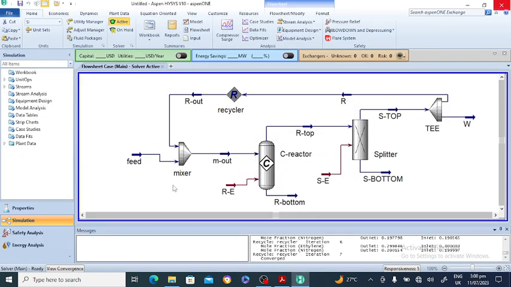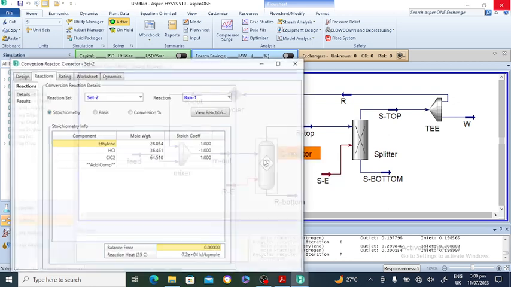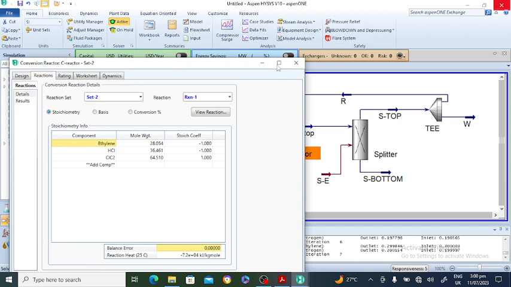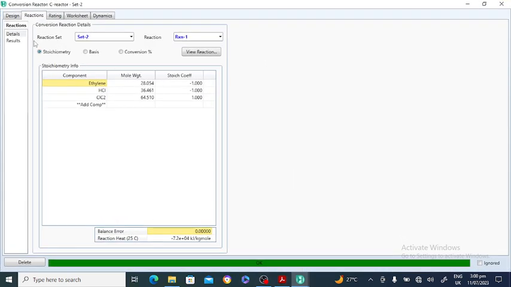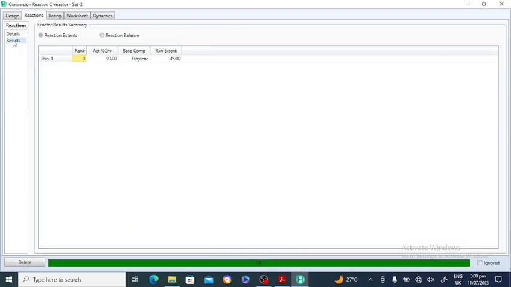So you can see this is the reactor, and this is the splitter, this is the T. Now double click on the reactor and see the conversion. You can see the conversion and extent of reaction. I have already defined the reaction, it is 90%, and the extent of reaction is this one, and this is 45, and the base component is ethylene.